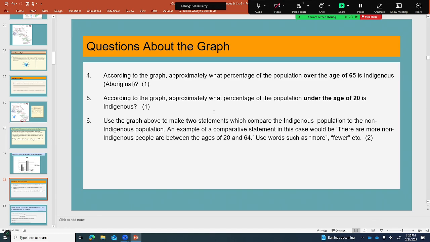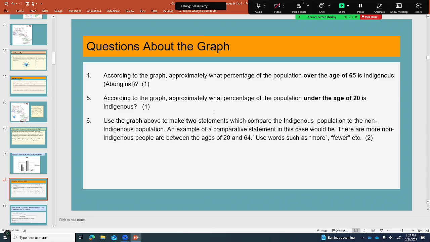Number 5, what percentage of the population under the age of 20 is Indigenous? And then number 6, use the graph to make 2 statements which compare the Indigenous population to the non-Indigenous population. An example of one comparative statement would be, there are more non-Indigenous people between the ages of 20 and 64.